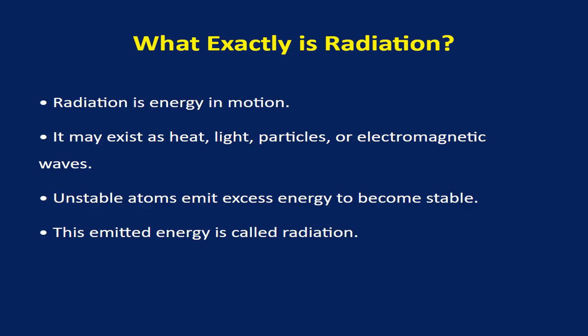Imagine a shaky, unstable atom. To become steady and stable, it needs to get rid of some extra energy. It throws this energy out in the form of fragments or bundles. That thrown energy is what we call radiation.